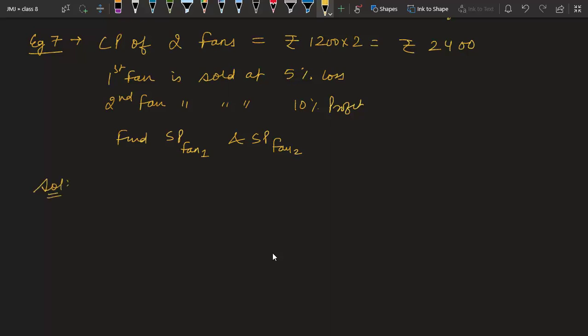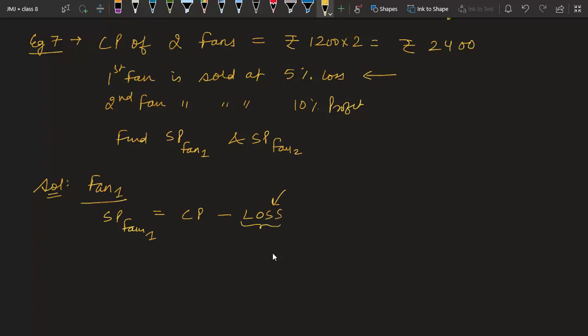First take fan 1. We want to find the SP of fan 1, and we know the formula is cost price. As in the first case we have a loss, so it is cost price minus loss. But this loss is not loss percent, this is the loss value. So we need to find this loss value first.